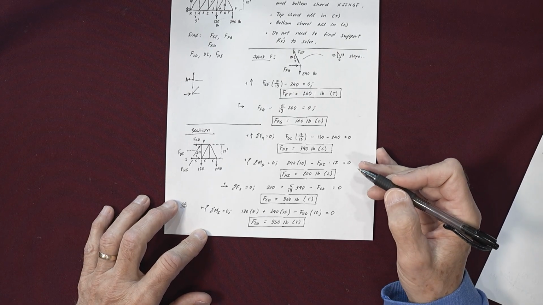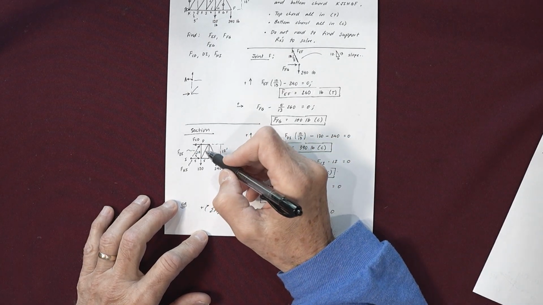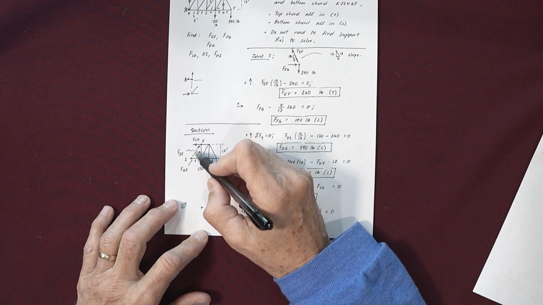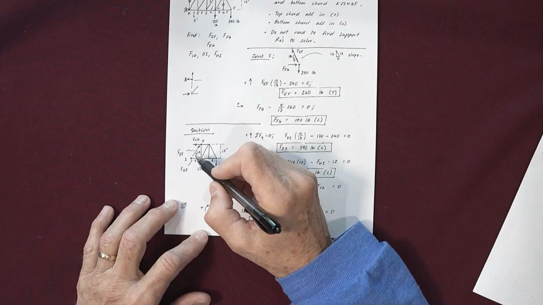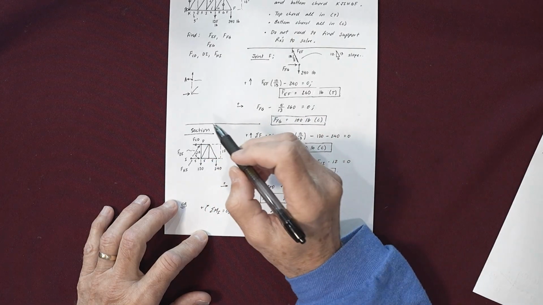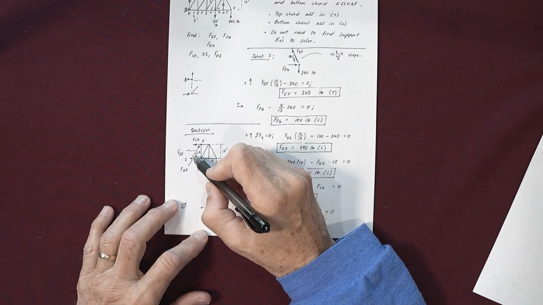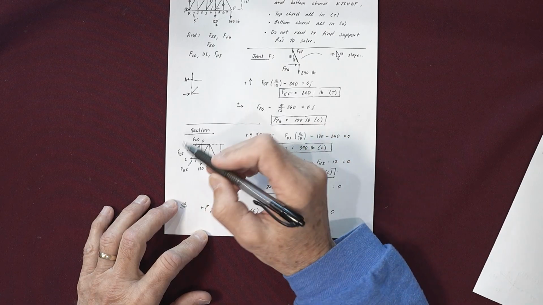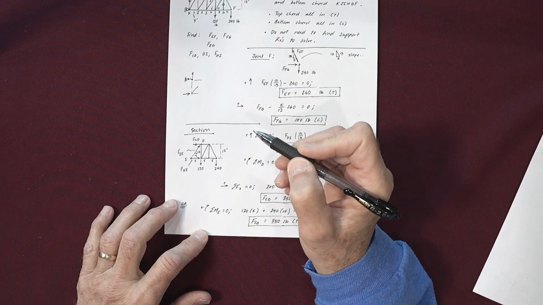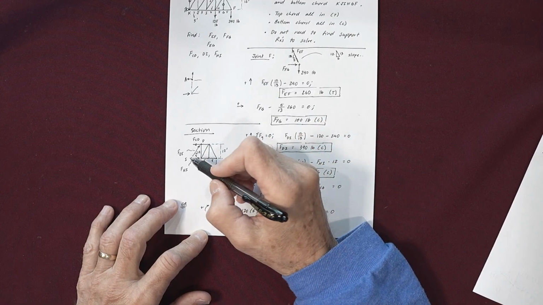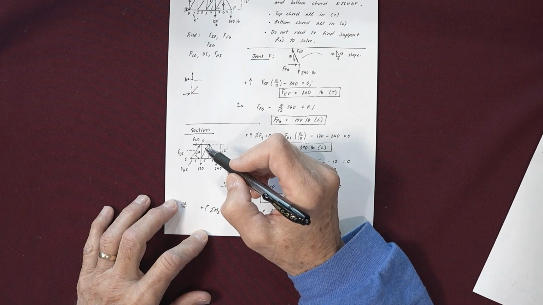Finally, there's another way we can get FCD. We can actually sum moments about I. And again, I is not on the free body diagram, but that's okay. That's permissible. We can still slide this force along his line of action. We can slide this force along his line of action. They intersect at point I. And so we can sum moments about point I. And about that point, we've got 3 terms.